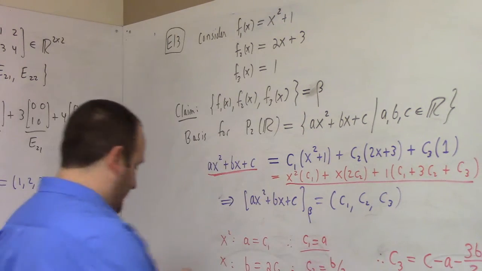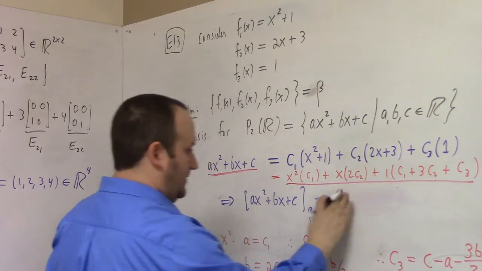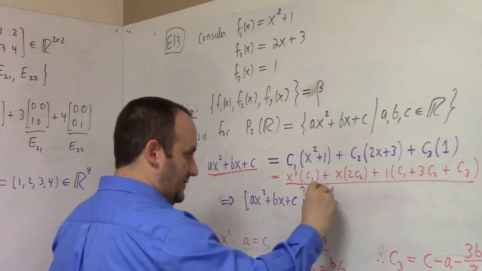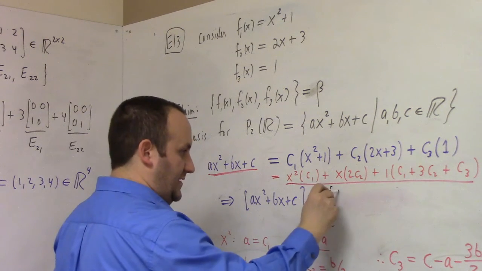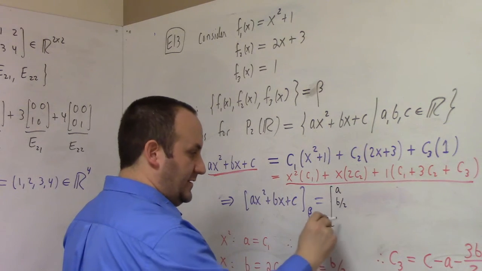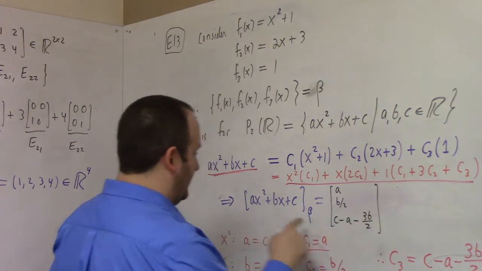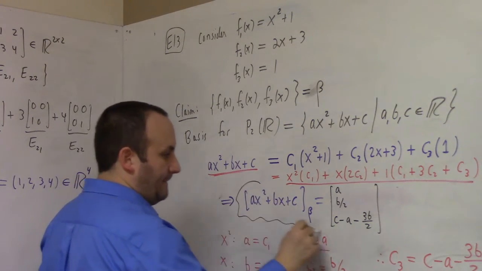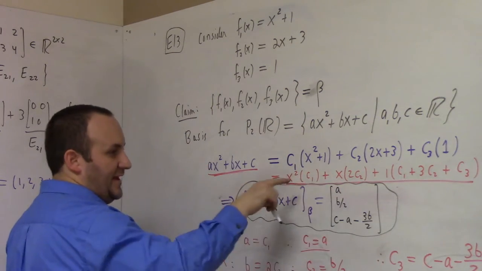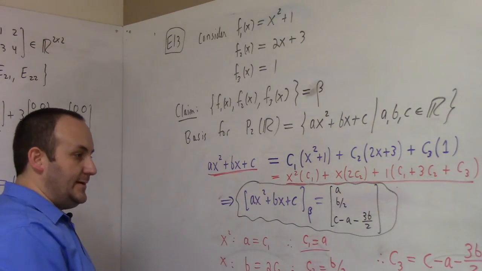What I have shown then is that this coordinate vector is a, b over 2, and c minus a minus 3b over 2. That's the coordinate vector of this guy, because I figured out that choosing those coefficients gives me that linear combination back again.